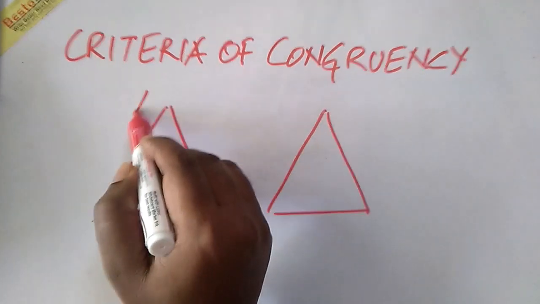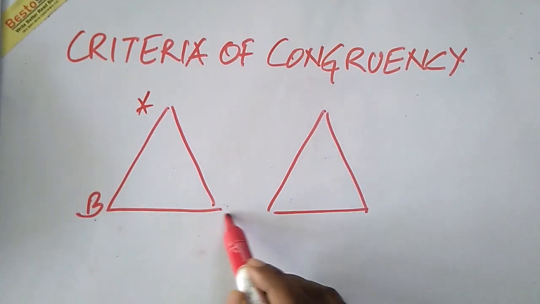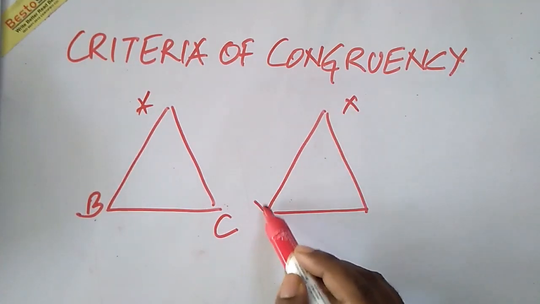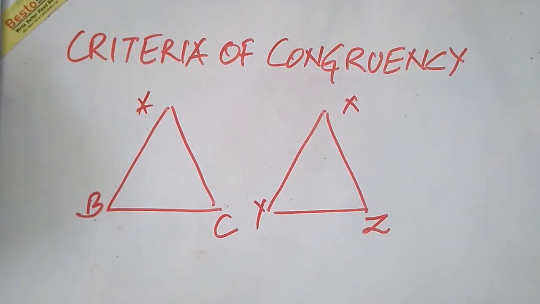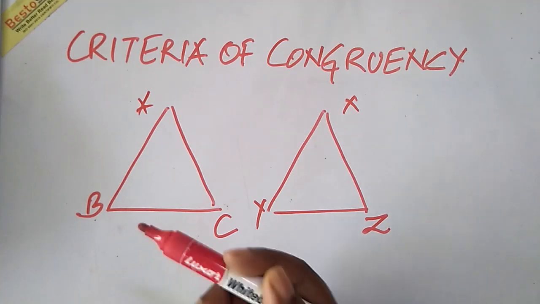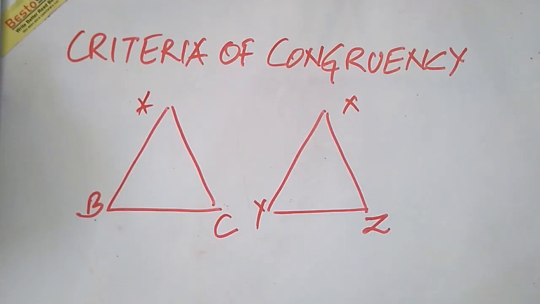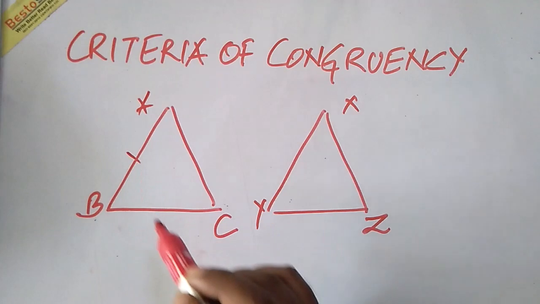Let us say that we have triangle ABC, and on the other side we have triangle XYZ. When will we call it congruent? When they are alike. And how will we know that they are alike? If their sides are same and if their angles are same. Corresponding sides should be same and corresponding angles should be same.